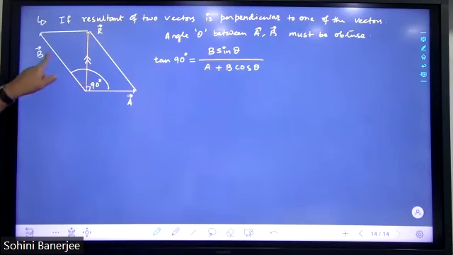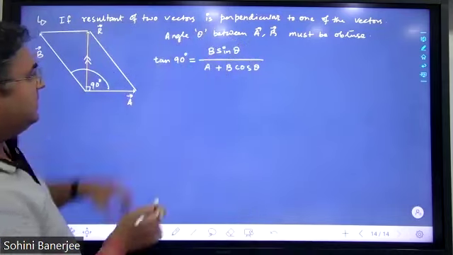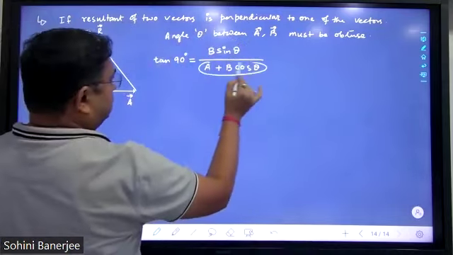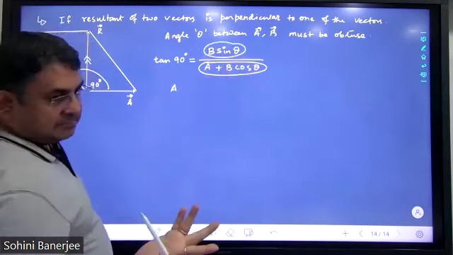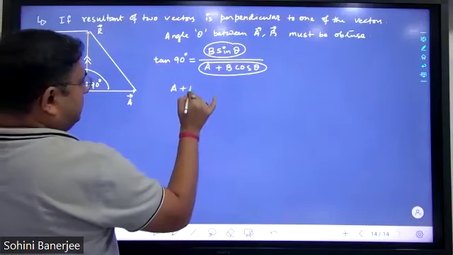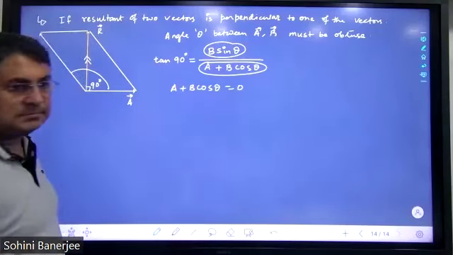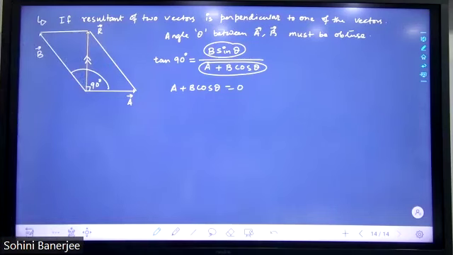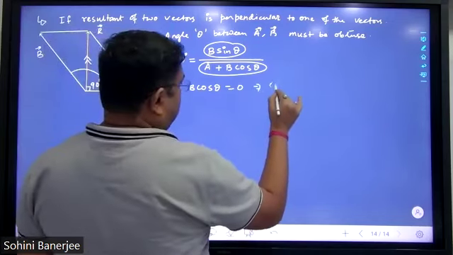Tan 90 equals B sin theta by A plus B cos theta. What is the value of tan 90? Undefined. So tan 90 means definitely this denominator is 0. Otherwise it is not possible because B sin theta is finite. So A plus B cos theta must be 0. Otherwise, is it possible? No. So cos theta is how much?